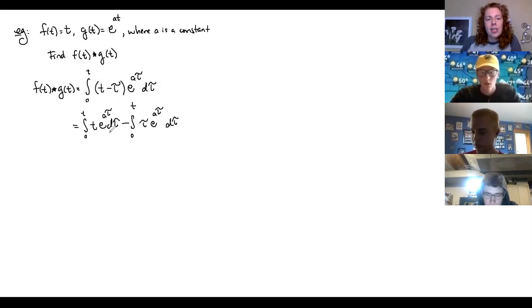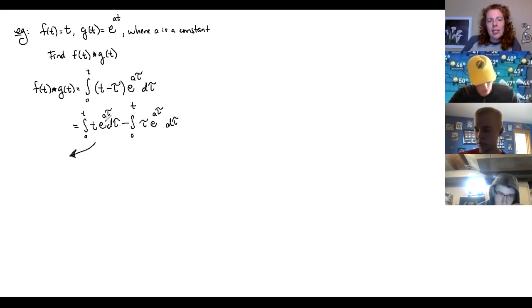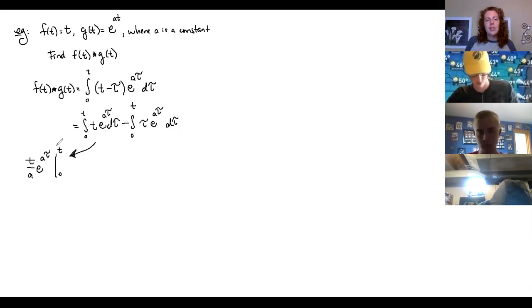Okay, first integral isn't so bad because I'm integrating with respect to tau, and t is just a constant with respect to tau. So this one isn't too bad. We'll do this one over here. If I integrate e to the a tau, that gives me a 1 over a, right? Thinking about u substitution. So we're going to have t over a e to the a tau evaluated from 0 to t.